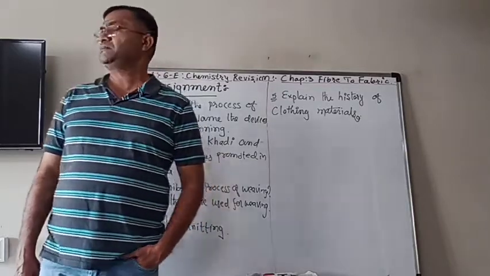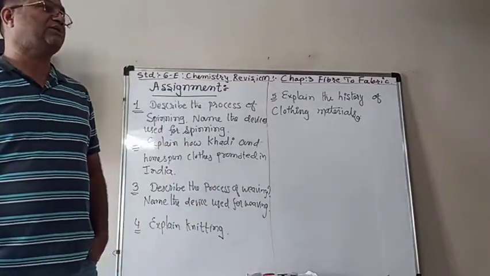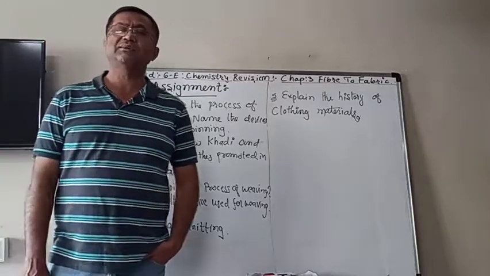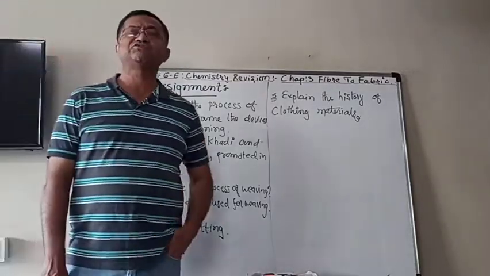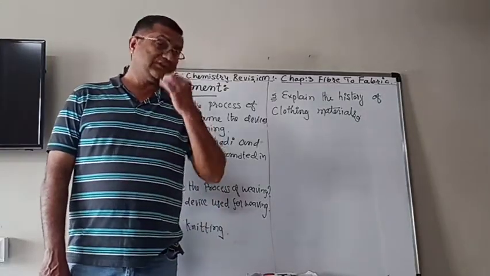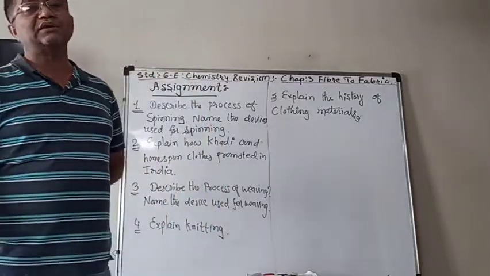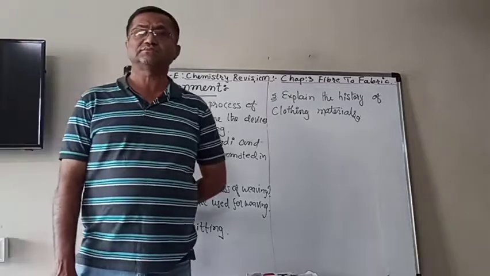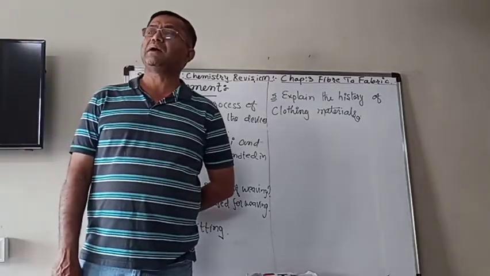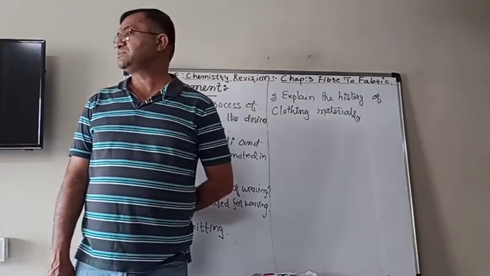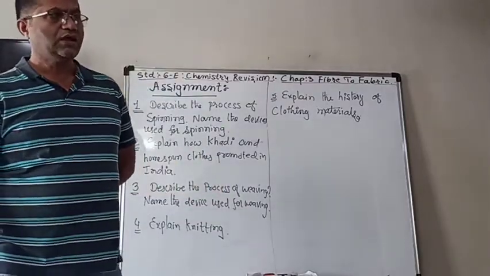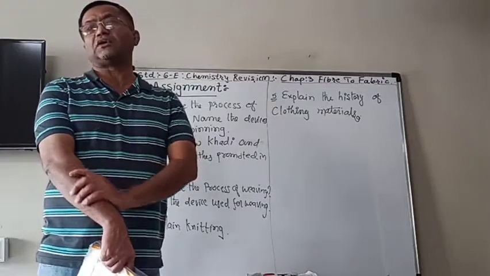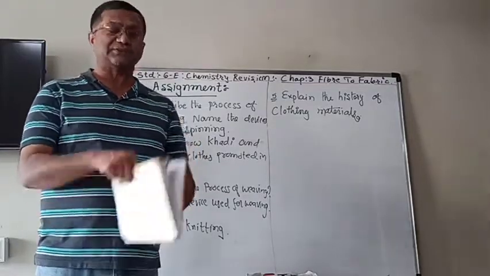It can be made from natural fibers, or some fibers are not obtained from natural resources but are made from chemicals in the factories, which are known as man-made or synthetic fibers.